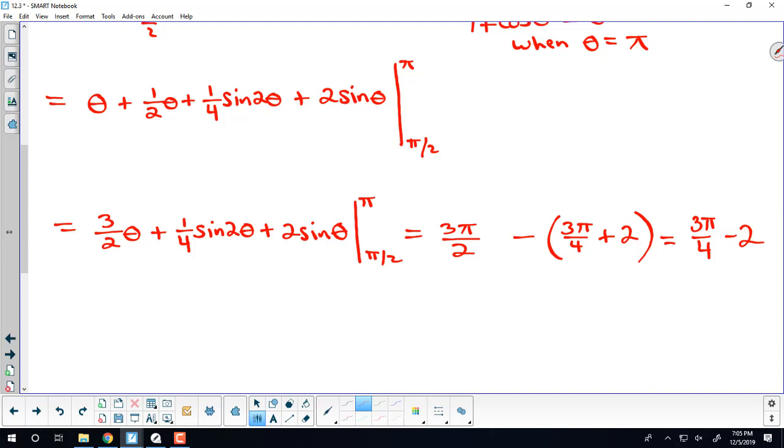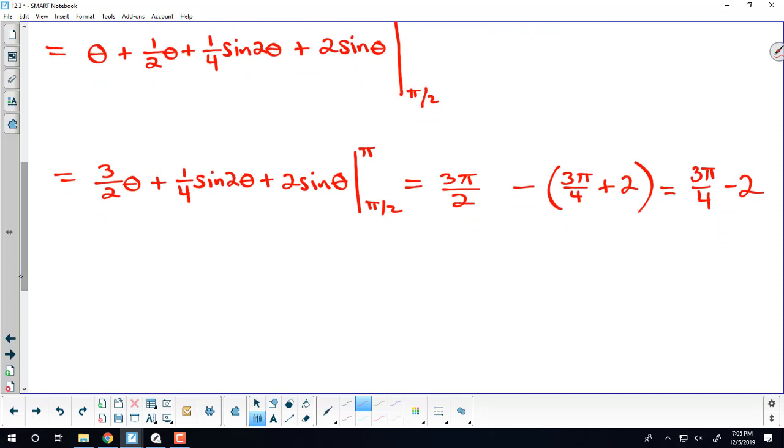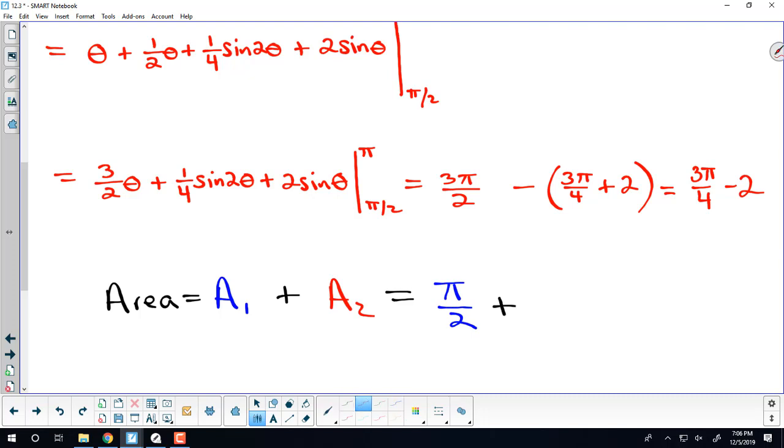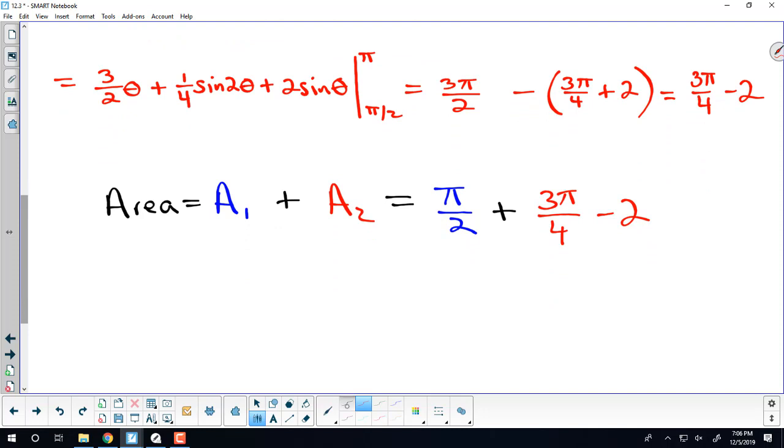We still have to add this area to the area for the half of the circle. So the total area common to those figures is 5 pi over 4 minus 2.